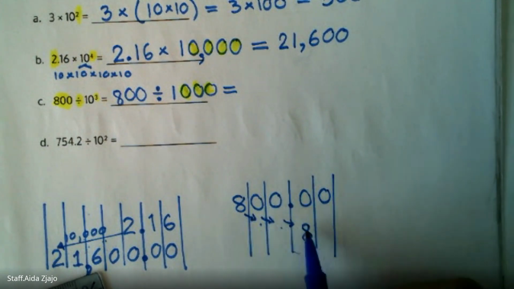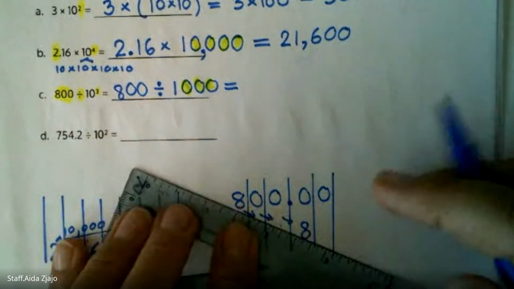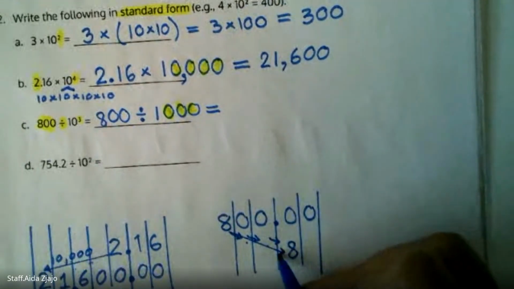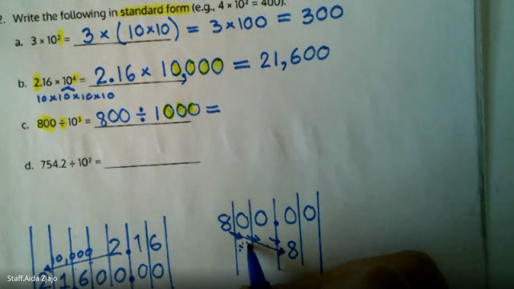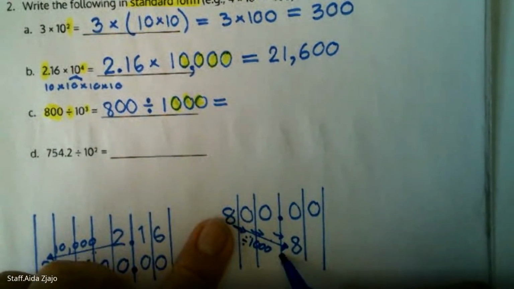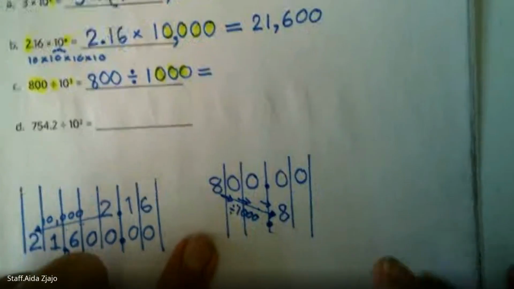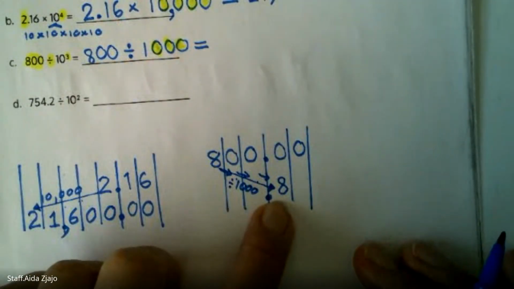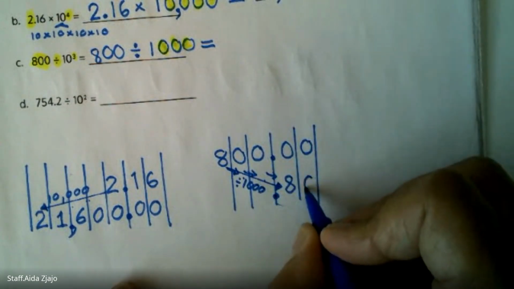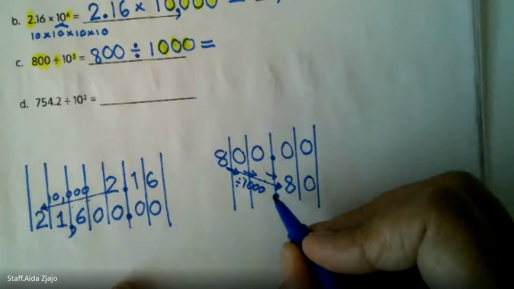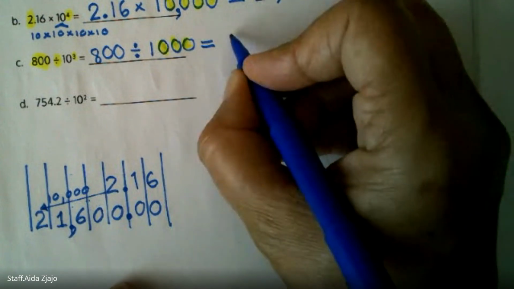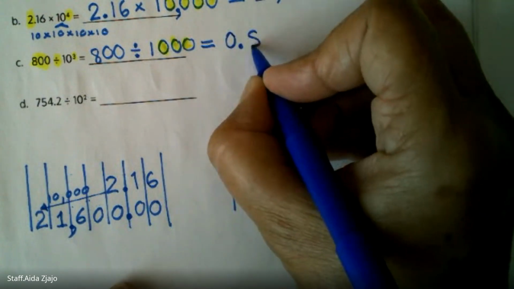So 3 times, if I move 8 divided by 1,000, the 8 will become 8 tenths. 800 will become 8 tenths. And then this will be 0, so it's going to be 0.8 as the answer. 0 and 8 tenths.